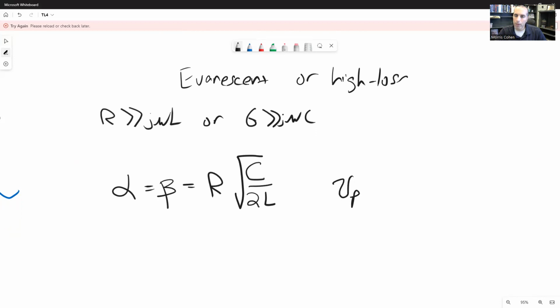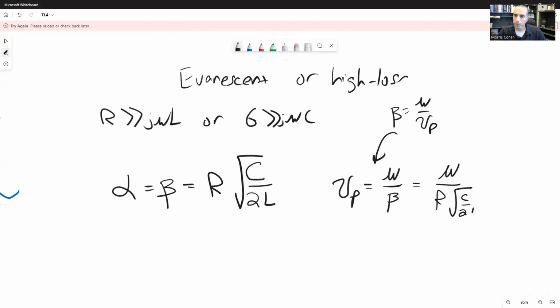VP, by the way, the propagation velocity, this one's going to get a little bit wacky because VP is omega over beta, right? Since beta equals omega over the propagation velocity, just rearrange to get this. And since beta is now defined in the following way, this works out to be omega over R times the square root of C over 2L.